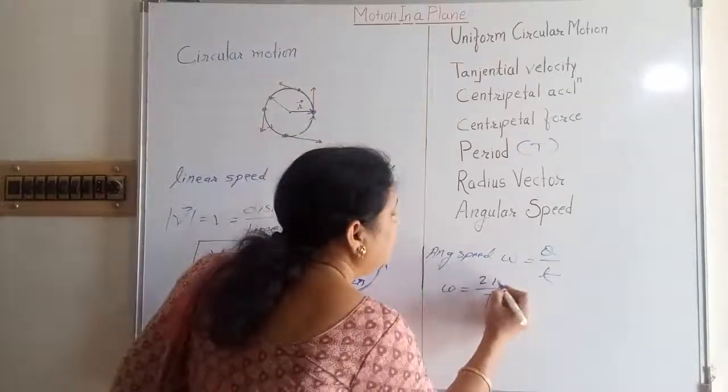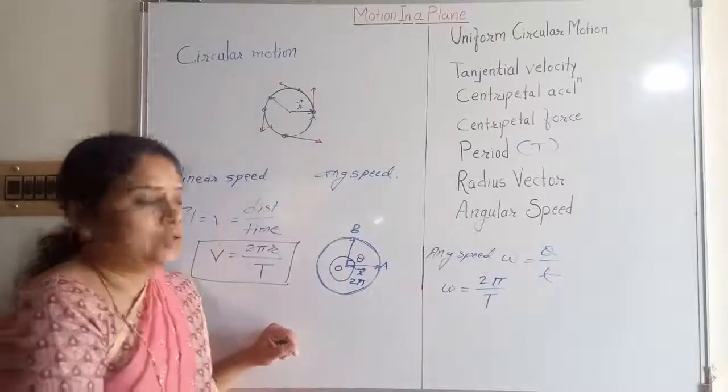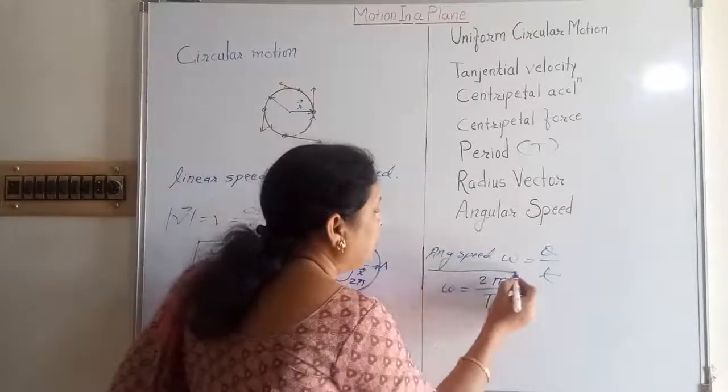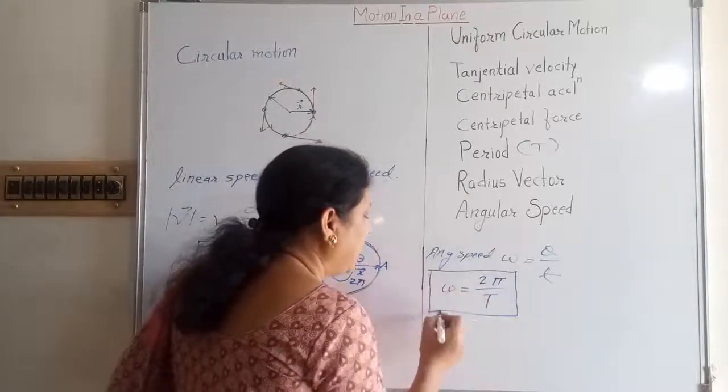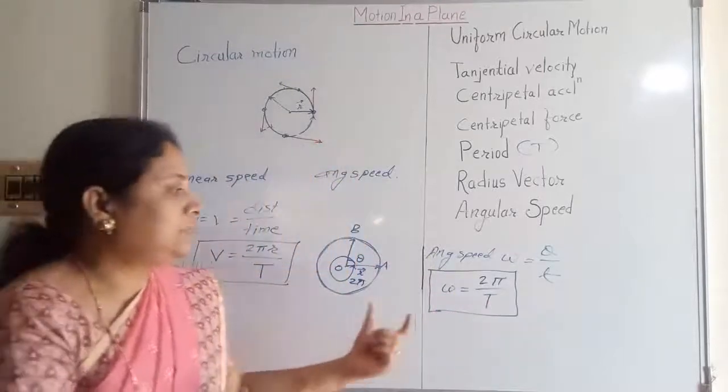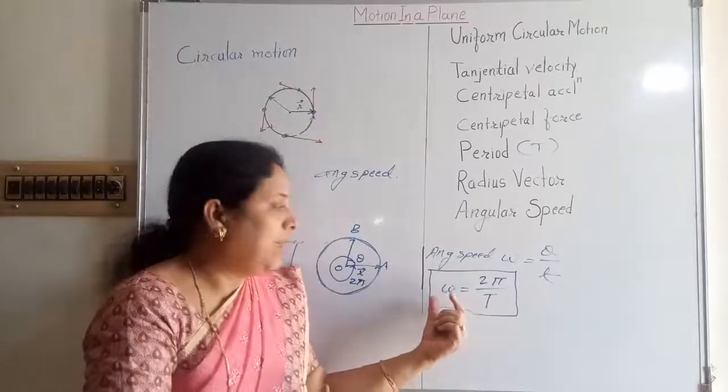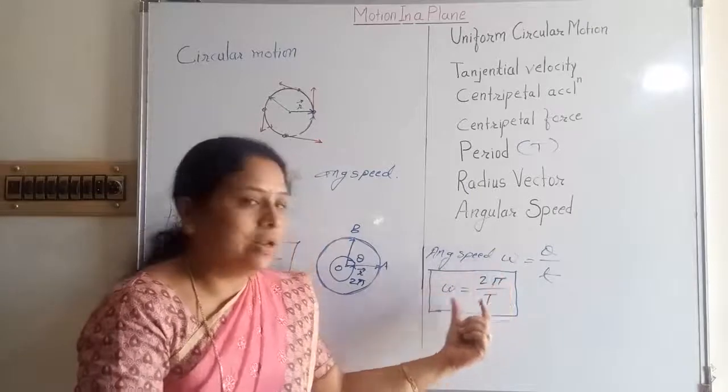So I can put here 2 pi. So omega is equal to twice pi upon T. This is the important formula for angular velocity. Sorry, angular speed. Here angular speed is equal to twice pi upon T.